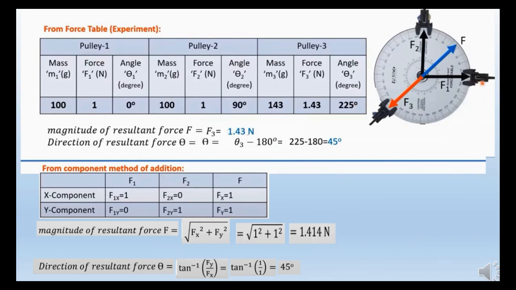Magnitude of resultant force F equals the square root of Fx squared plus Fy squared, equals the square root of 1 squared plus 1 squared, equals 1.414 Newton. And the direction of the resultant force theta equals tan inverse of Fy over Fx, equals tan inverse of 1 over 1, equals 45 degrees.